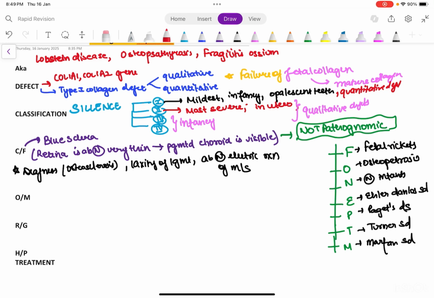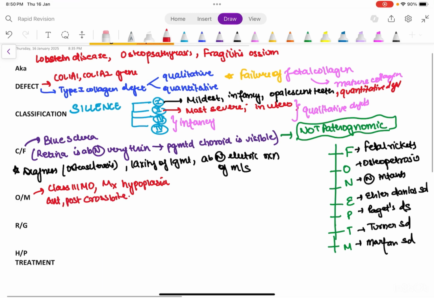Now coming on to the oral manifestations, most important things that you should know is that there is class 3 malocclusion, there is maxillary hypoplasia, anterior posterior crossbite. Most important you should know is unerupted first and second molars are seen in osteogenesis imperfecta and impaction and supernumerary teeth.